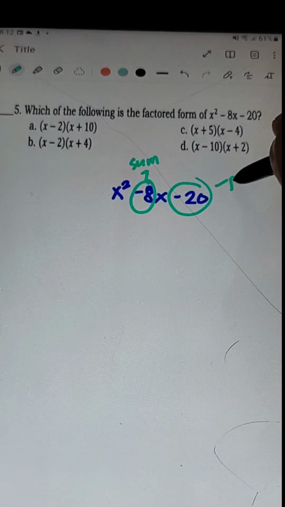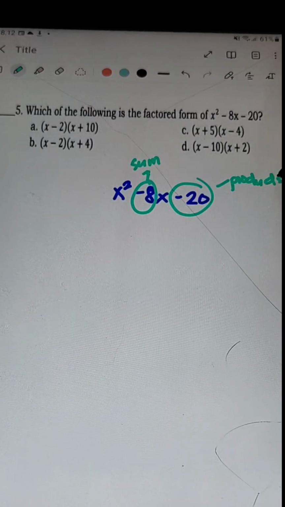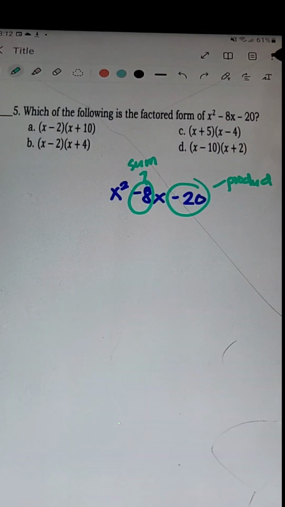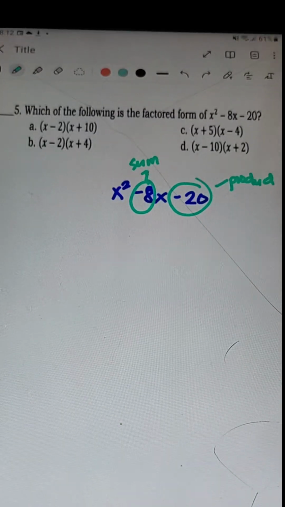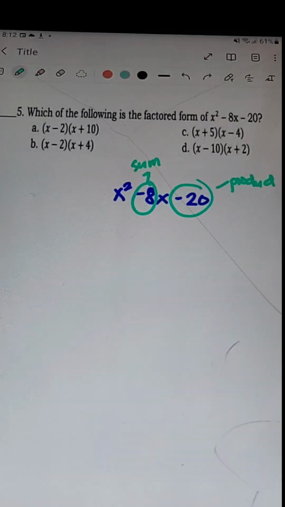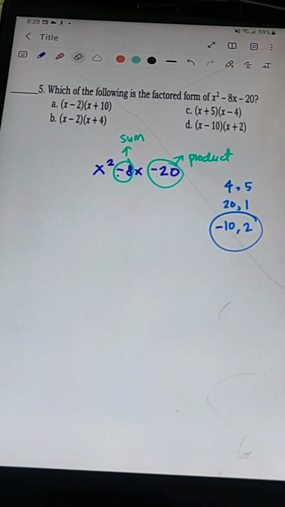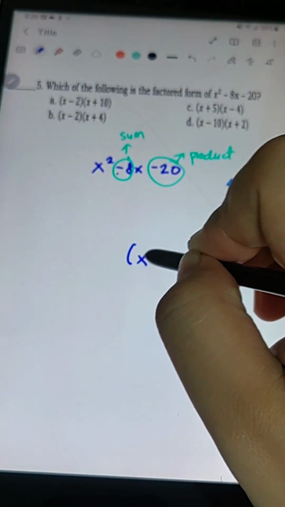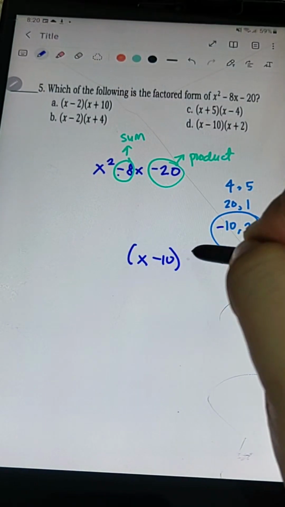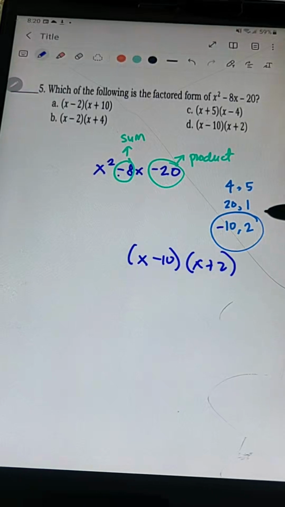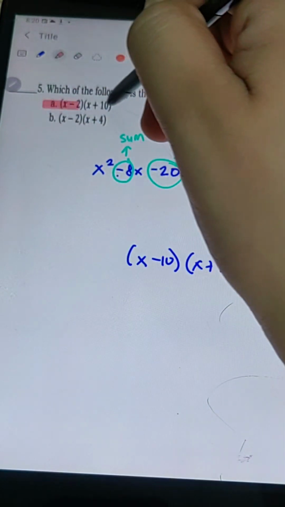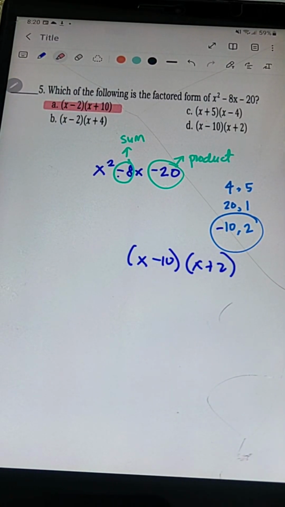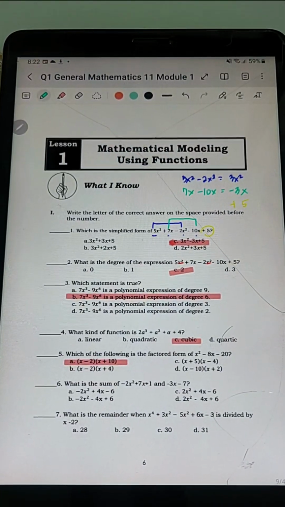So we need to find two numbers that will result in this product.